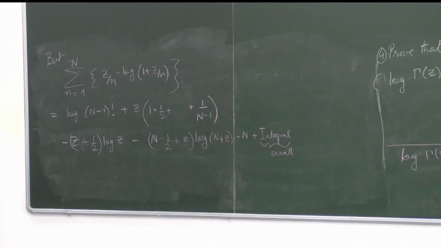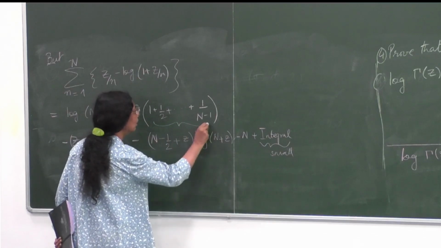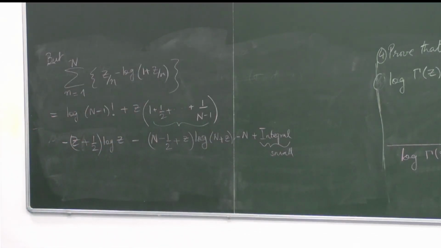So this is just taking out the main terms from this sum. And what happens as capital N goes to infinity? Where does this sum go?